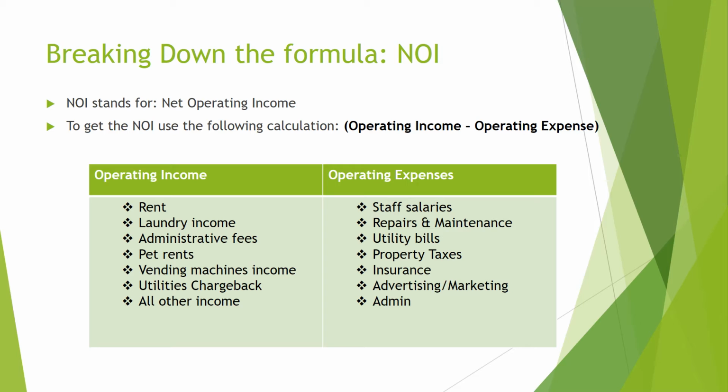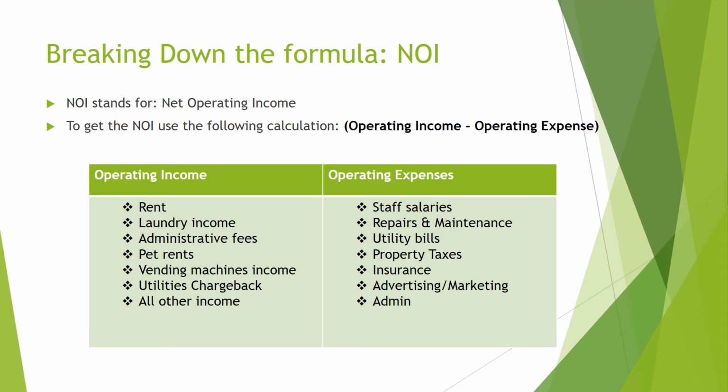On the operating expenses side of things, we find the staff salaries, like the on-site manager, the maintenance people, and the leasing agents. We also include the repairs and maintenance we did all year, so all the parts, expenses, permits, and so on that we had to pull. Utility bills are also a big chunk of our operating expenses: the water bills, the electricity bills for the exterior lighting.